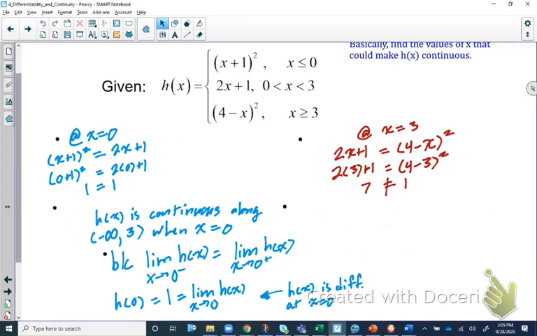So here I'm going to go, well, the limit of my function, not f of x, h of x, as x approached 3 from the left-hand side, in this case, did not equal the limit of the function as x approached 3 from the right-hand side.